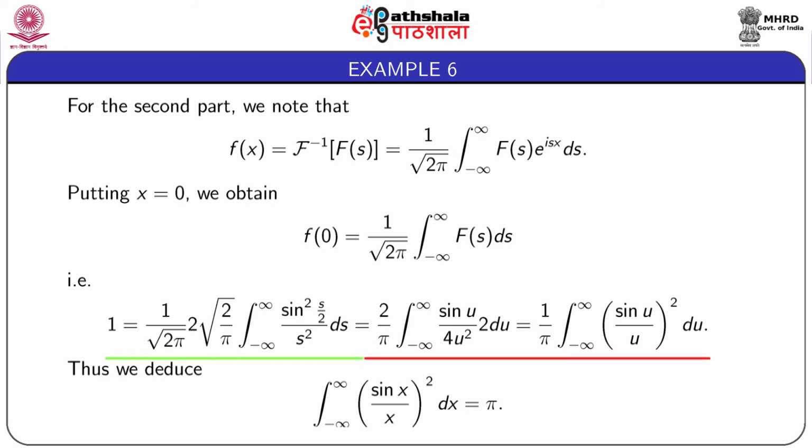Here we have substituted the value of F(s), and this is equal to 2/π times the integral from -∞ to +∞ of sin²u/(4u²) times 2 du, which can be simplified as 1/π times the integral from -∞ to +∞ of (sin u/u)² du. So, we deduce that the integral from -∞ to +∞ of (sin x/x)² dx is equal to π.